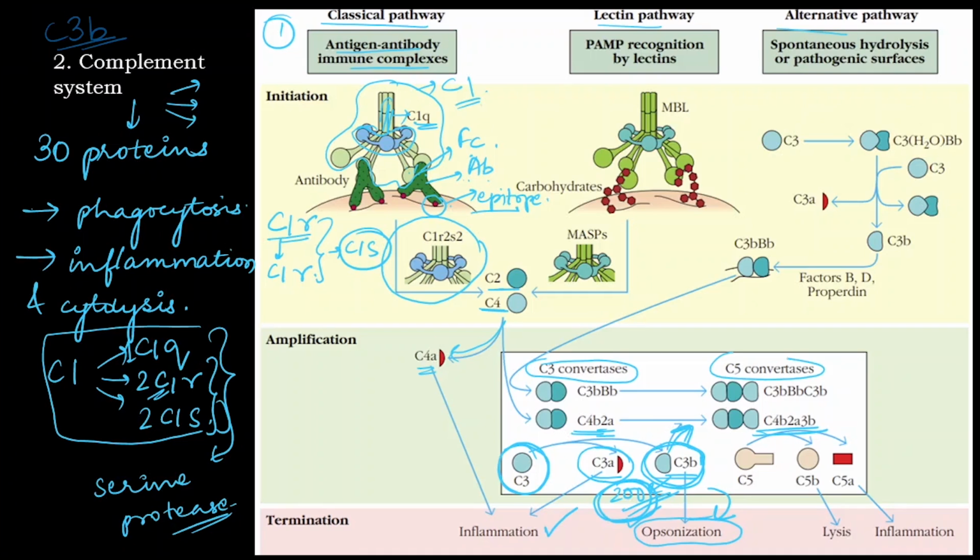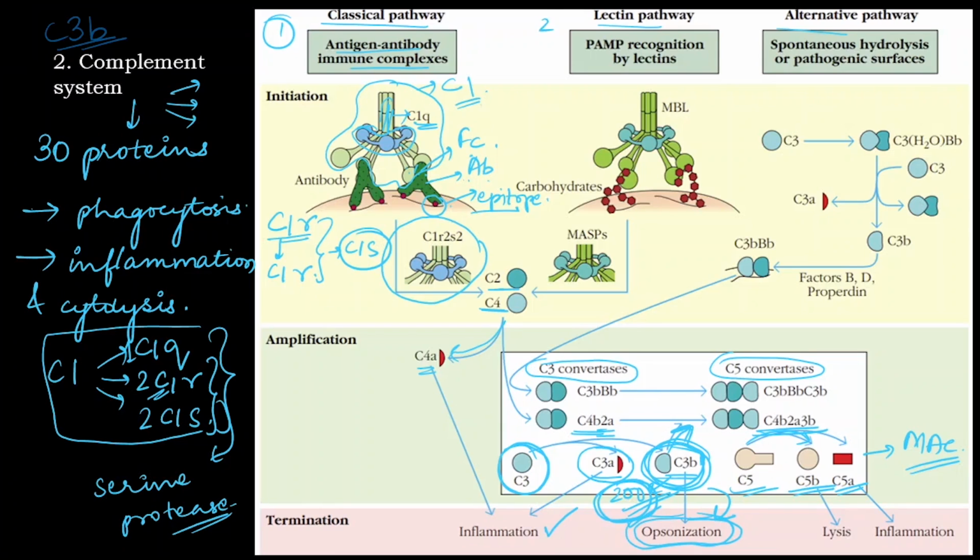This is the C5 convertase, and it will cleave inactive C5 into C5b and C5a, and further the MAC complex will be formed and the rupturing of the pathogen membrane will occur. So this was the classical pathway, where antibodies initiate the complement cascade and generate the C3b molecule, which is used for the opsonization process.